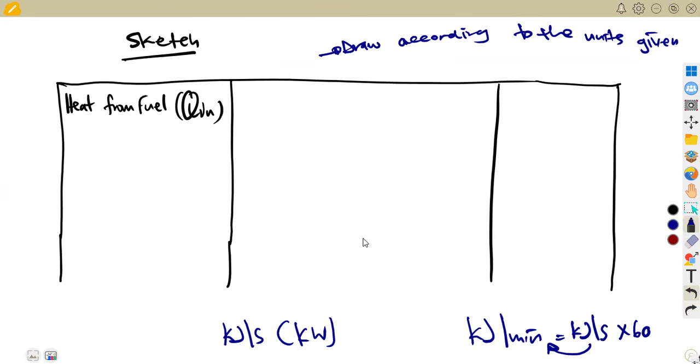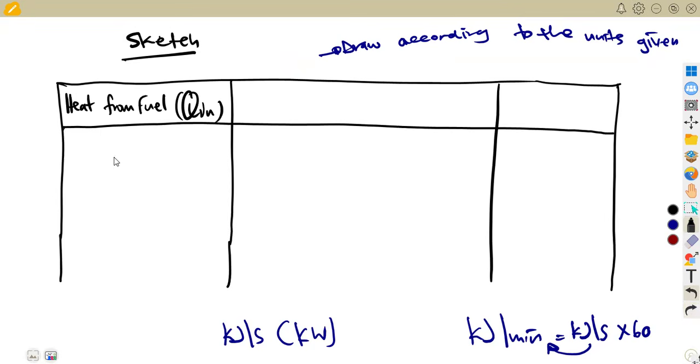It depends on how we are given the information. The Qin is the total heat that we have, and our fuel power in this case is the heat that is in. We talked about the formula for the fuel power: the mass of fuel times the calorific value, which is the heat value.